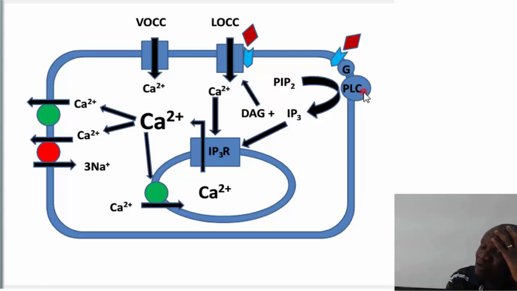Now, phospholipase C will catalyze the conversion of PIP2 to IP3, inositol trisphosphate. Now, inositol trisphosphate together with DAG, diacylglycerol, would cause the sarcoplasmic reticulum to release calcium into the sarcoplasm, right?